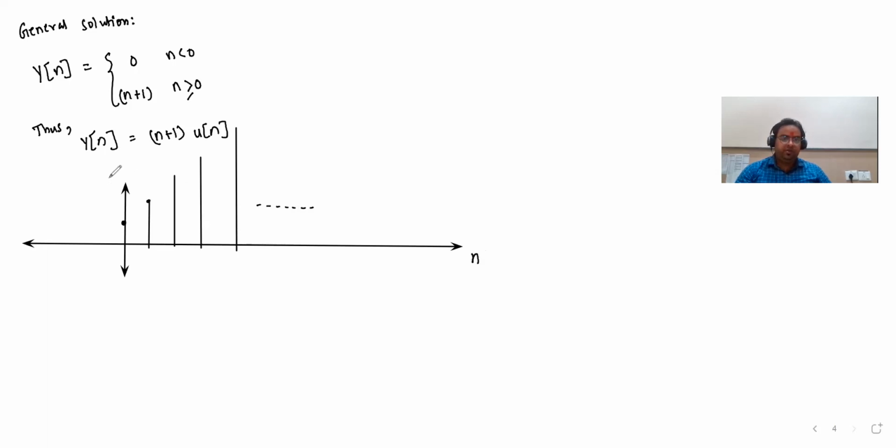This is n, and this is y of n. So here we have 1, 2, 3, 4, 5.